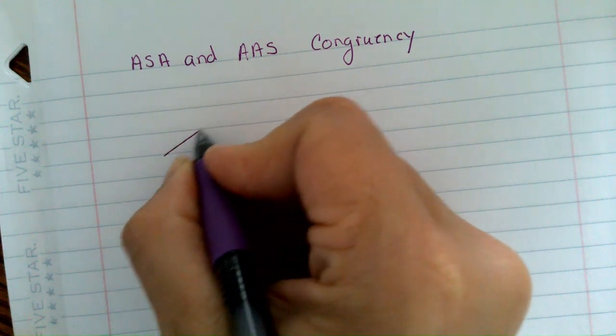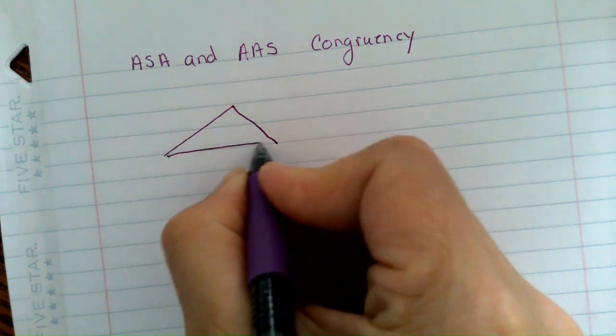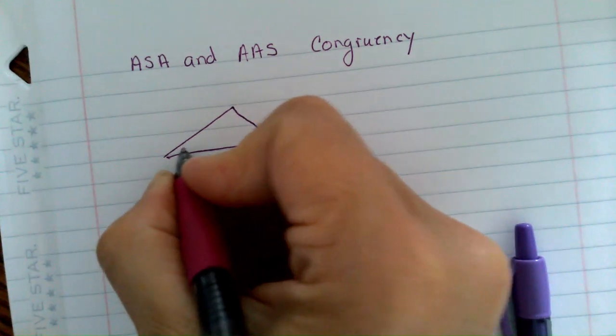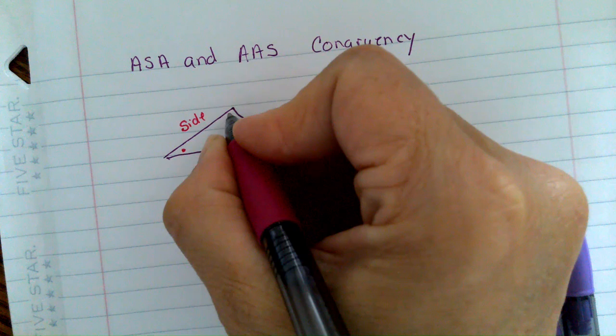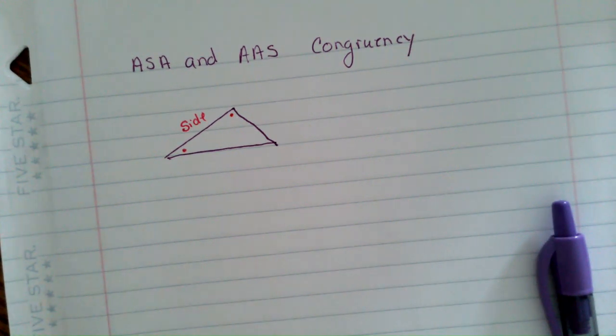So if we're talking about angle side angle, when you look at a triangle, pick any starting angle. So maybe you start here. Then you go to this side. Then you get to the next corner. That would be how angle side angle would look, because the side is in between the 2 angles.